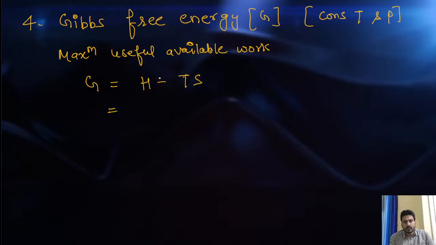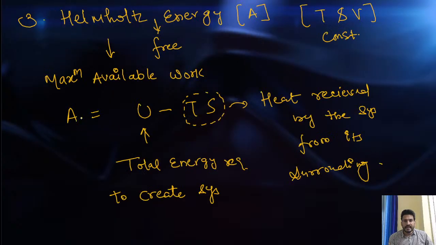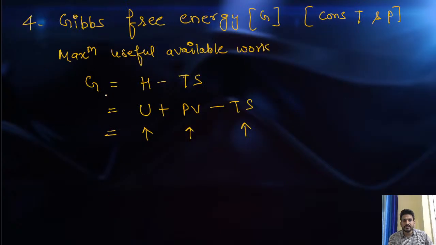Okay. So we can write H as U plus PV, minus Ts. As you know, U is the energy required to create a system. PV is the work done by the system for its existence, and Ts is basically heat received by the system. Okay, is it clear to you? So A is U minus Ts and G is U minus Ts plus PV.